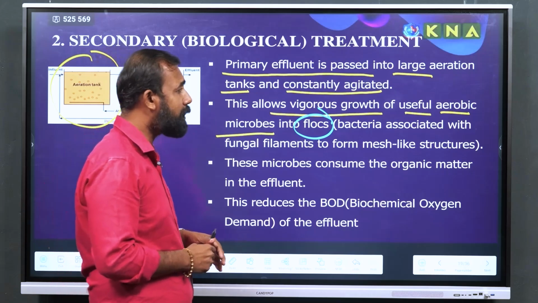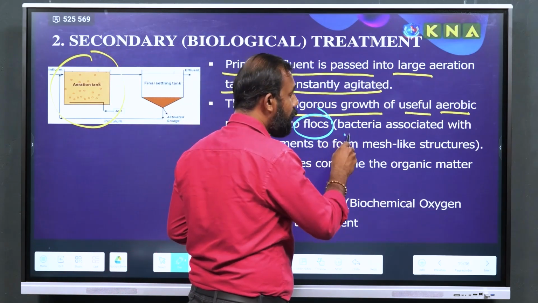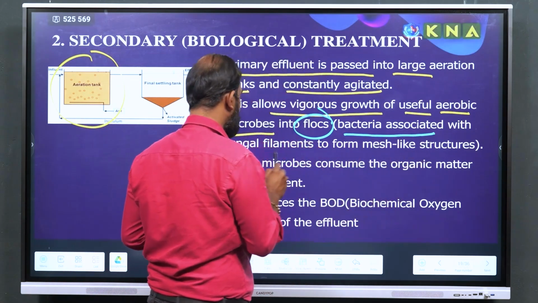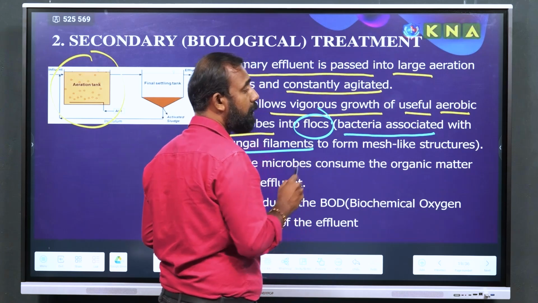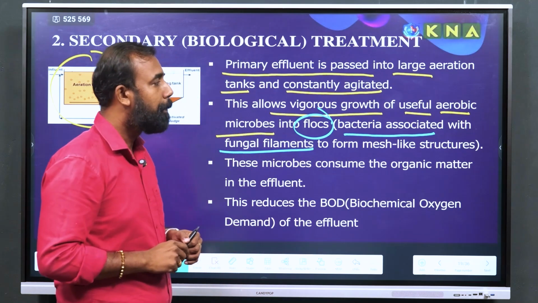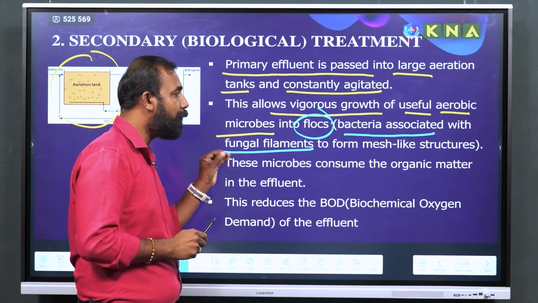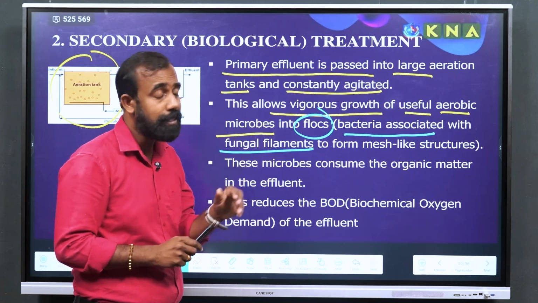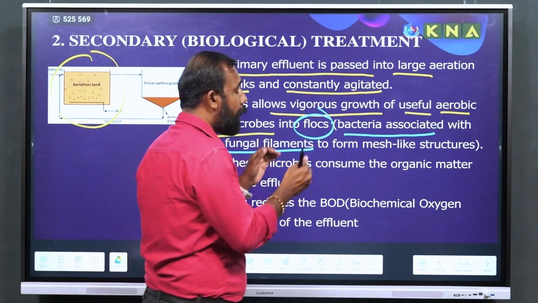What do you mean by flocs? Large bacterial mass, aerobic bacteria associated with the fungal filaments, are called flocs. This can be framed as a question.